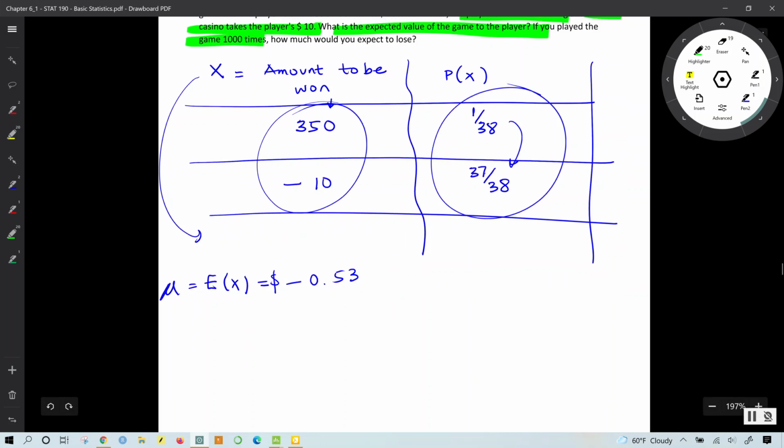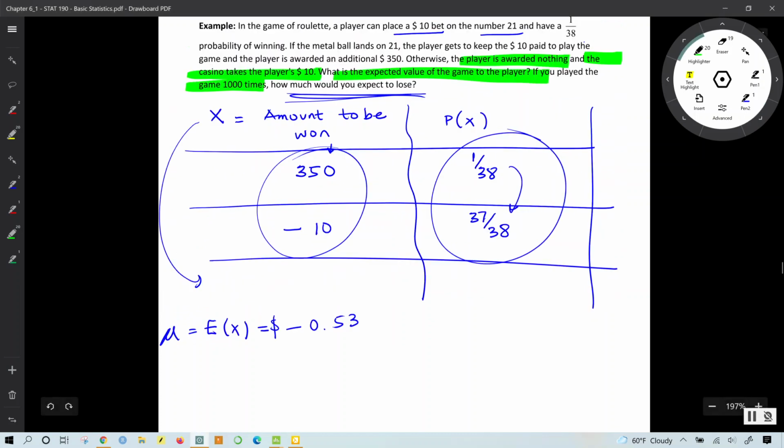What does this mean? It means that if you were to play this game, you would expect to lose about this amount multiplied by 1000.